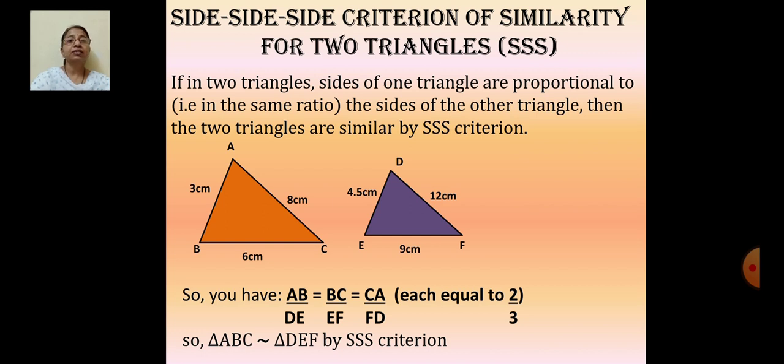Take the ratio 6 upon 9. Again simplify. The answer is 2 upon 3. And the third ratio, AC upon DF: 8 upon 12. On simplification, you will get 2 upon 3. That means all three sides are in proportion with the corresponding three sides of the other triangle. So therefore, triangle ABC is similar to triangle DEF by SSS criteria.